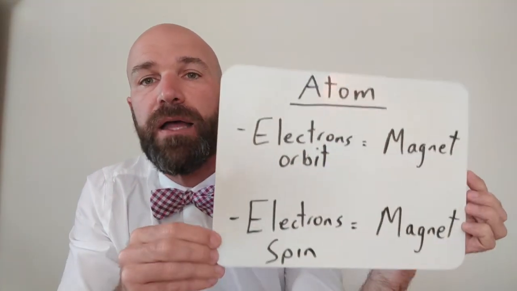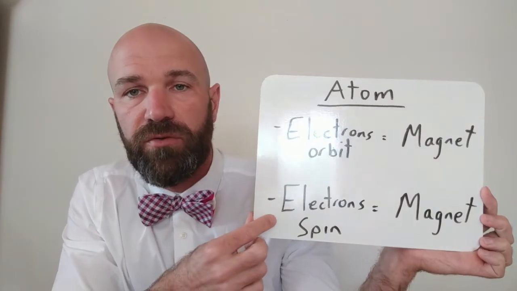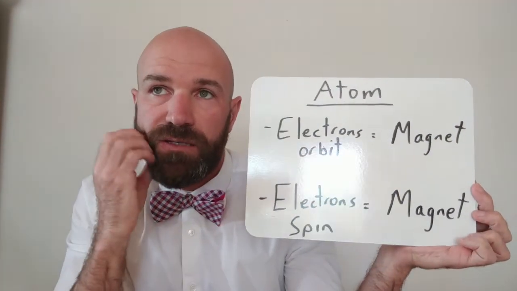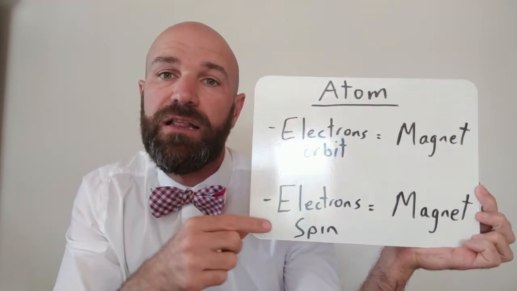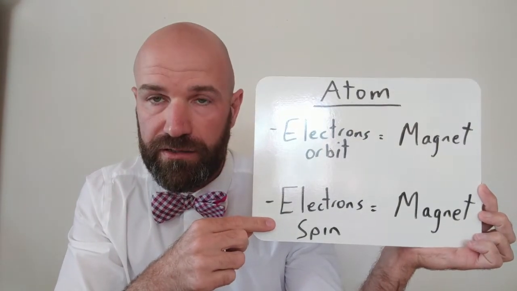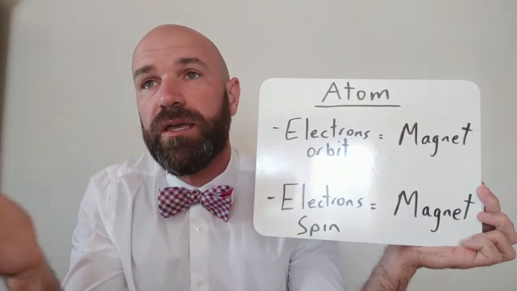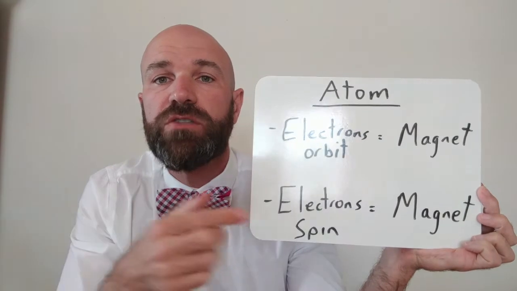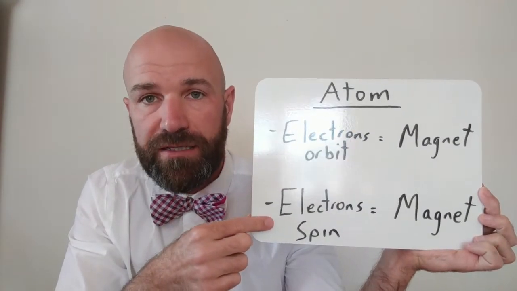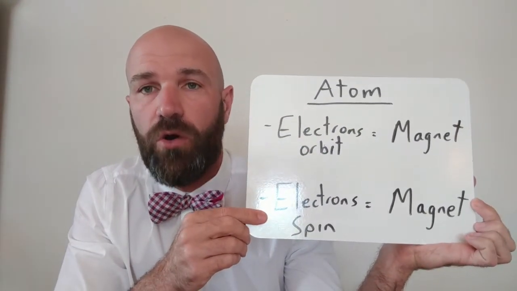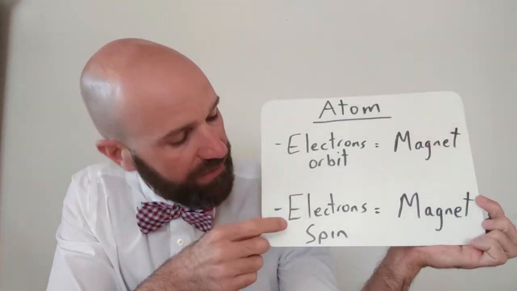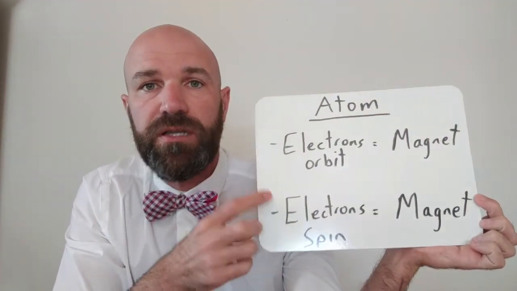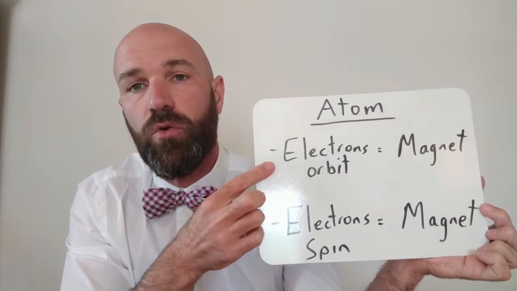okay? But the other thing that's not studied that much is that electrons also spin. Now spin we know is movement. So electron spin also creates its own magnetic field. Turns out the electron spin magnetic field dominates the orbital magnetic field.